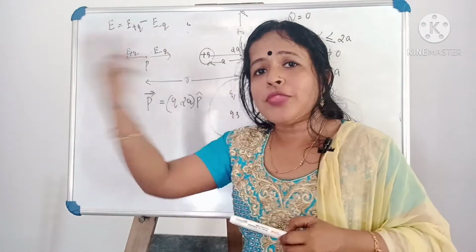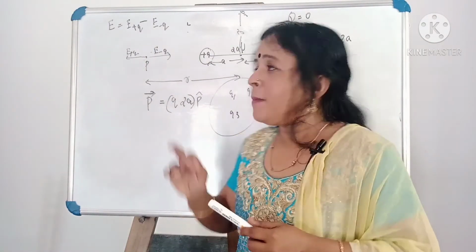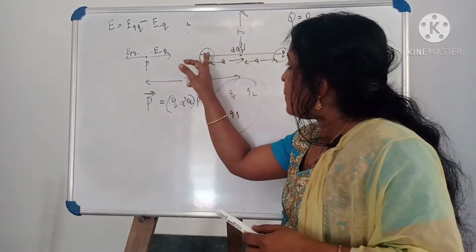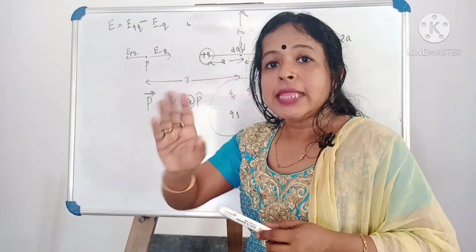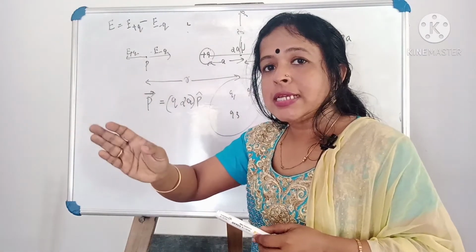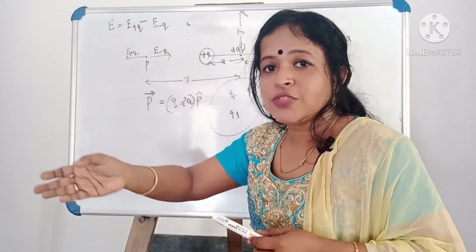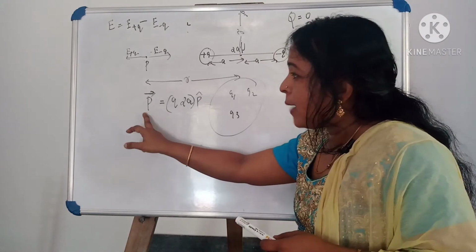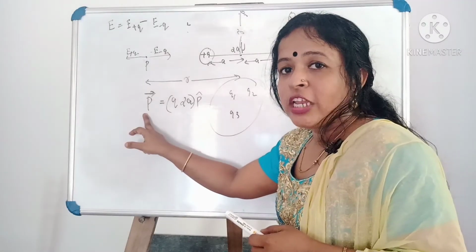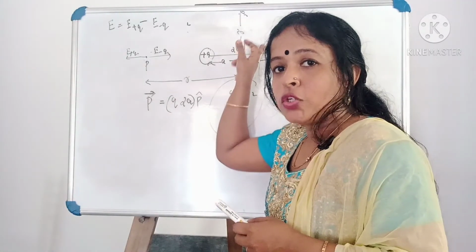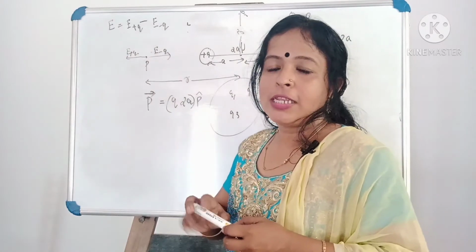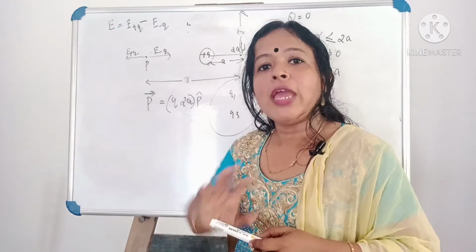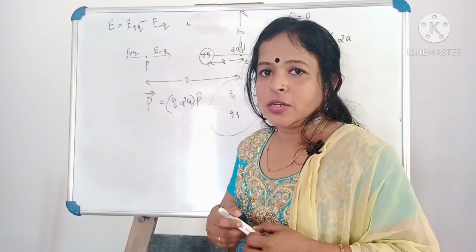The direction of the dipole moment is from the minus charge to the plus charge. We know that the electric field vector points from positive charge to negative charge, but the dipole moment points from negative charge to positive charge. It is opposite to the direction of the electric field vector.